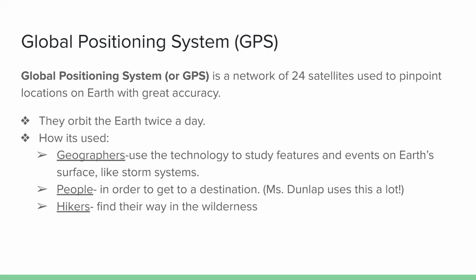And hikers. Hikers use a GPS system to find their way in the wilderness. When you're hiking on a trail, sometimes you might get lost in the wilderness, and that's not fun. So they use a GPS system to make sure that they stay on the right track or trail.